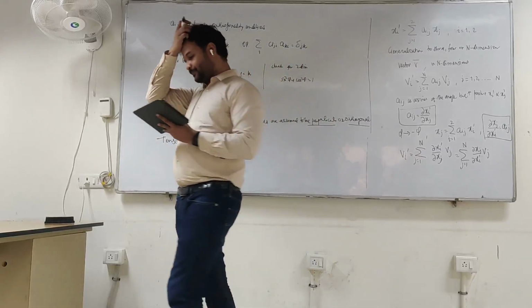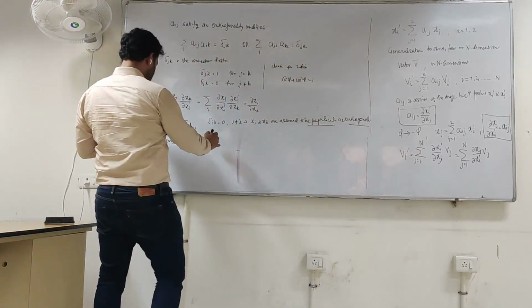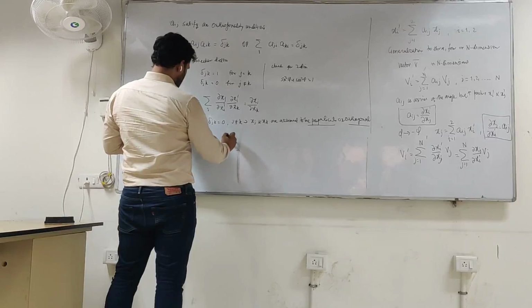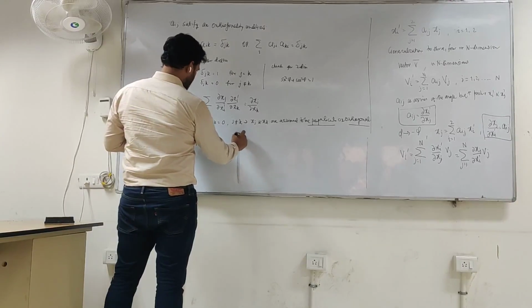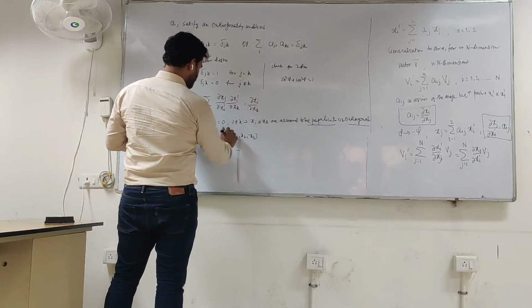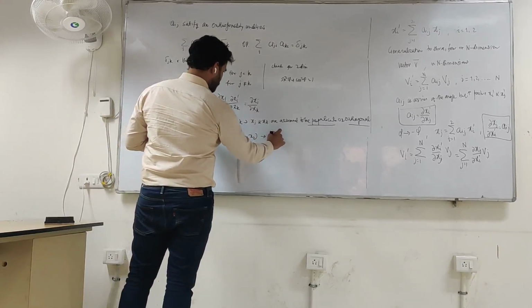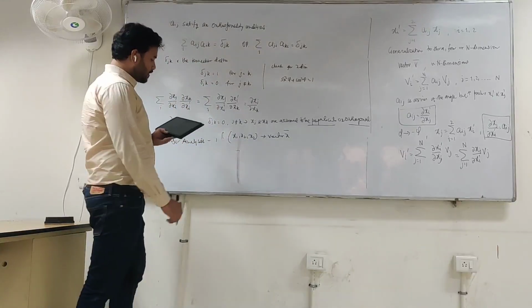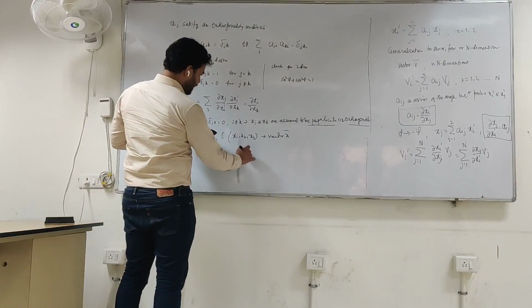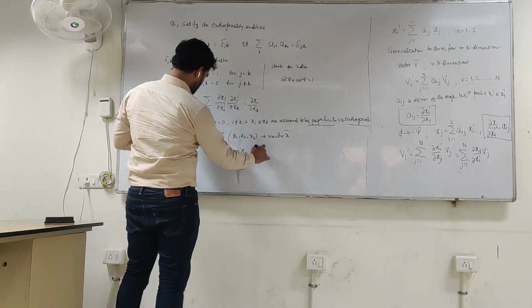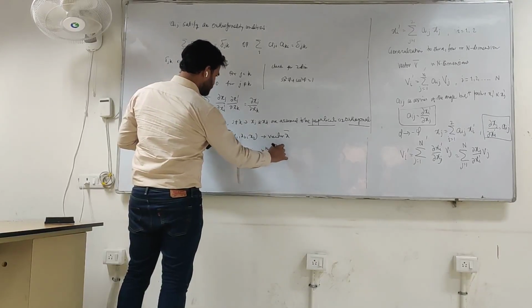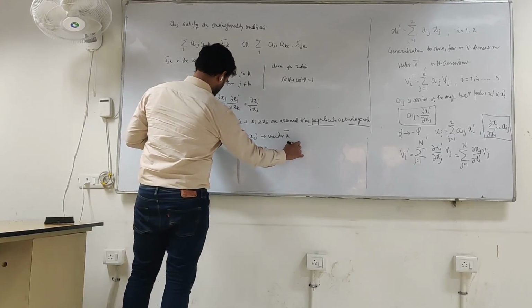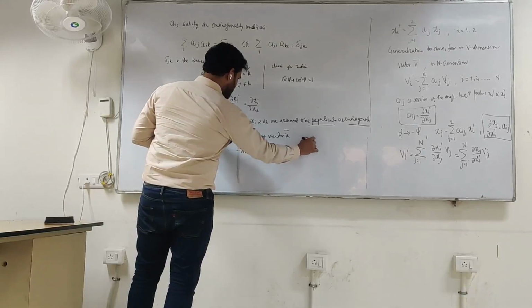For example, if you consider real numbers x1, x2 and x3, which is the vector x bar, xn is the nth component of the vector x bar.